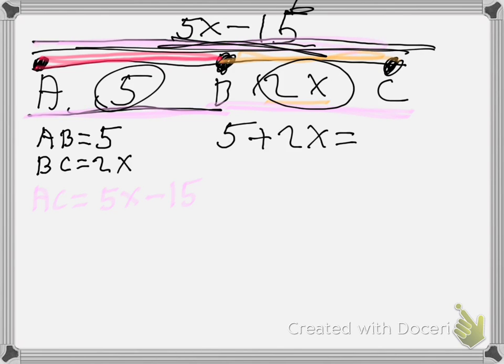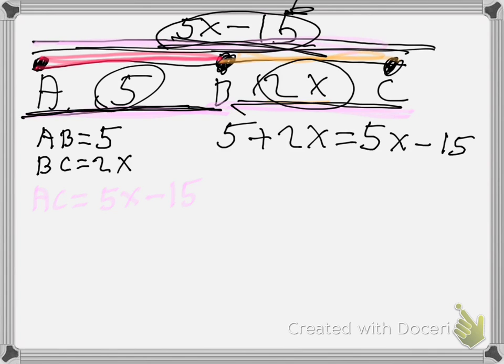What is the big one? It's AC, which is 5x minus 15. That is the very first step: knowing it's the two babies versus the mom. That would be step 1.